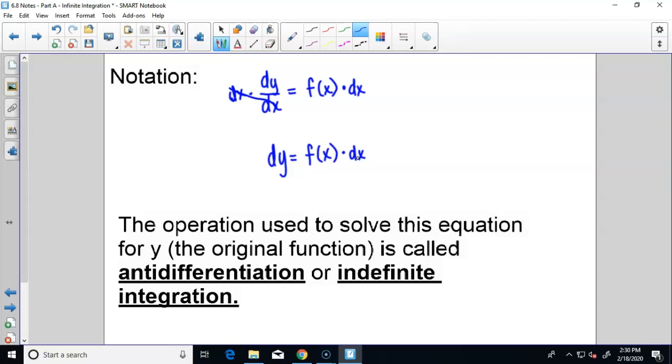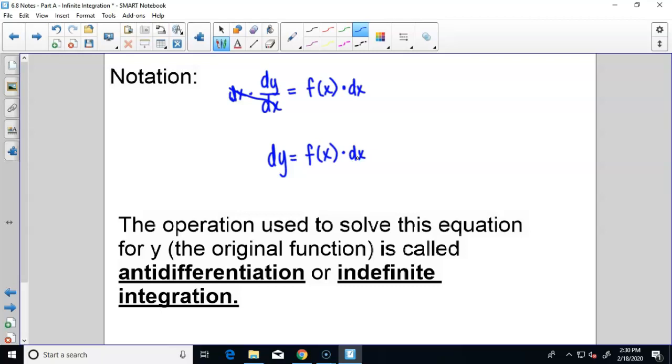This sets up what we call a differential equation for us. It's a very simple differential equation. But the operation used to solve this equation for y is called anti-differentiation or indefinite integration.